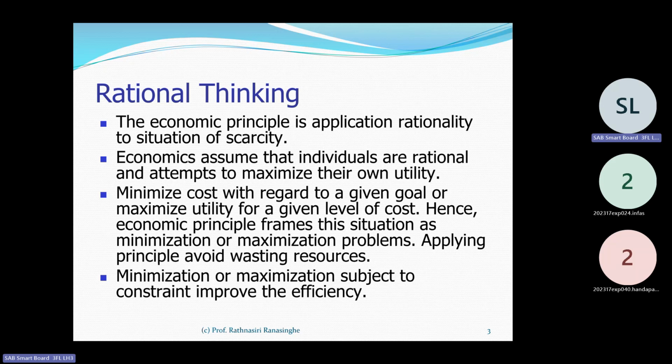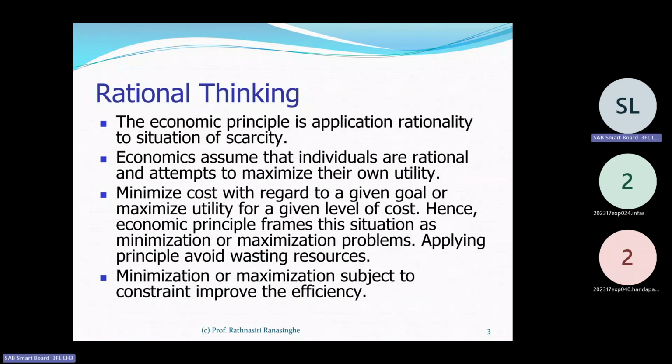The constraint is the income. That's why you incorporate the budget line in your analysis when you first talk about consumer behavior.